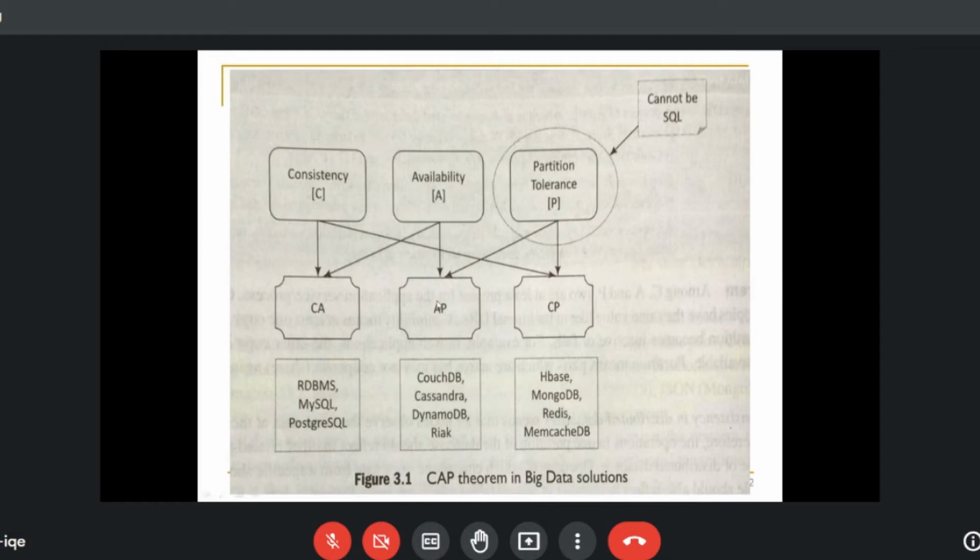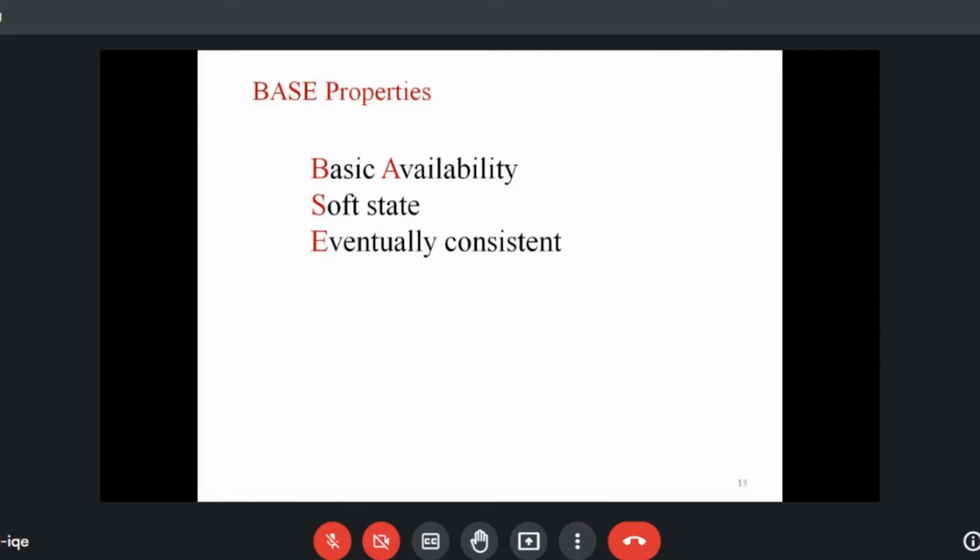So here we are making a compromise with consistency. Here we are taking availability and partition tolerance, and here we are considering consistency and partition tolerance, and here availability is compromised. So these are the solutions: CouchDB, Cassandra, DynamoDB, Riak, HBase, MongoDB, Redis.